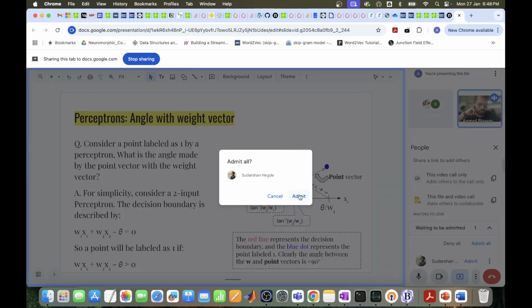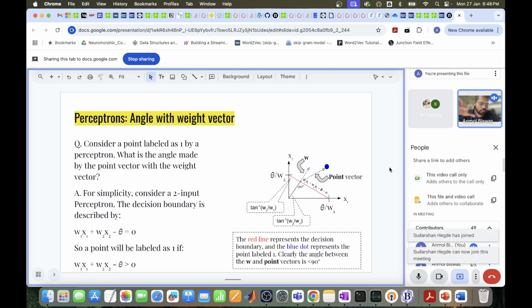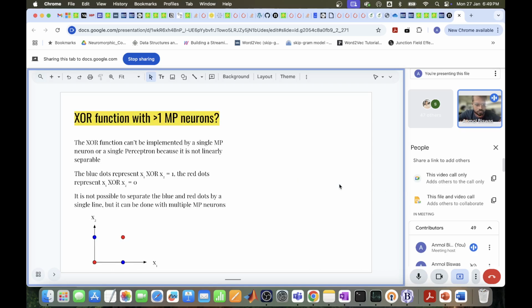So this is crucial: this geometric conception, these angles and this inner product formulation, becomes crucial to how you actually optimize these perceptrons. So here we come to something else, something interesting.